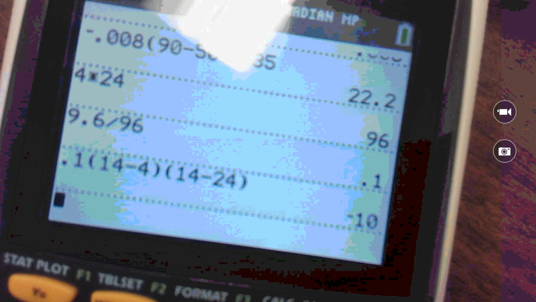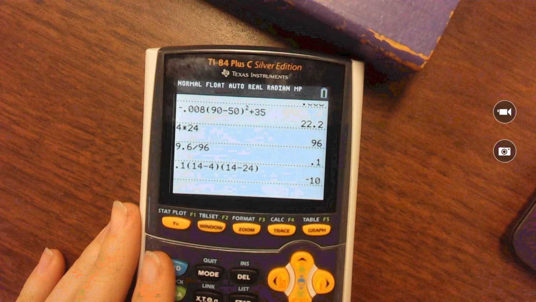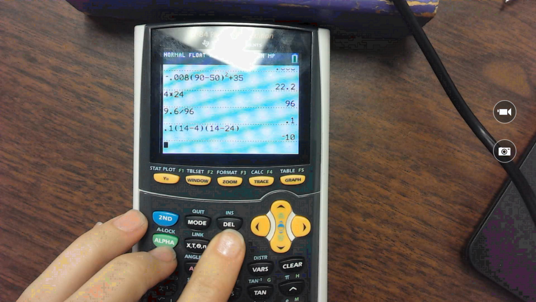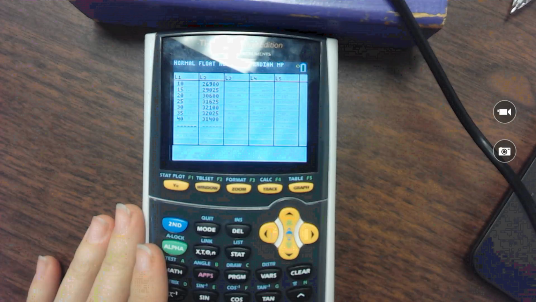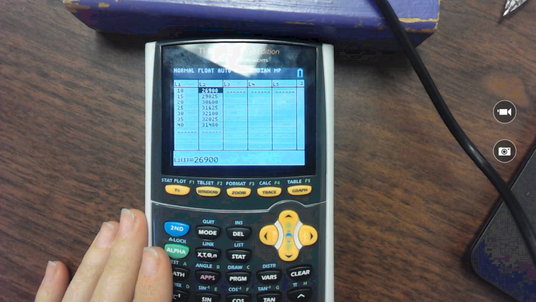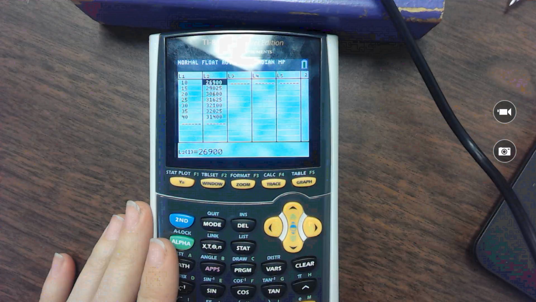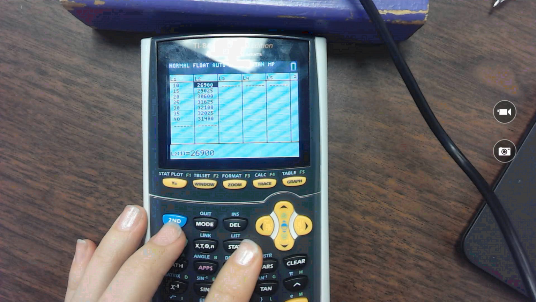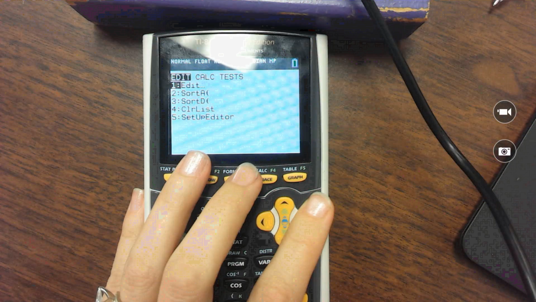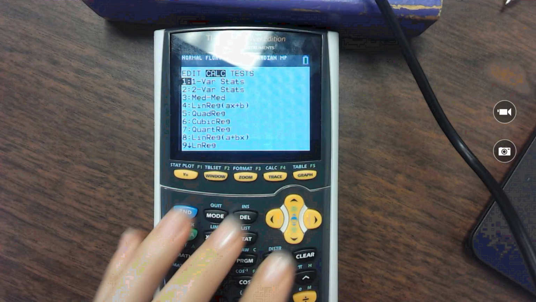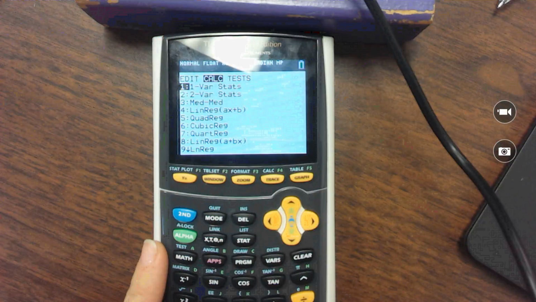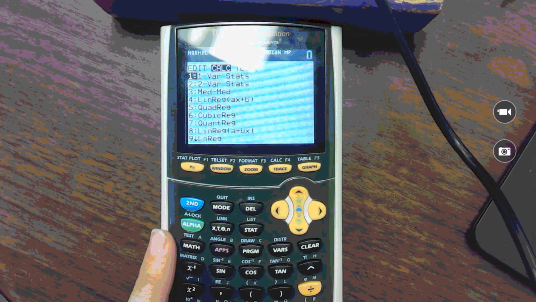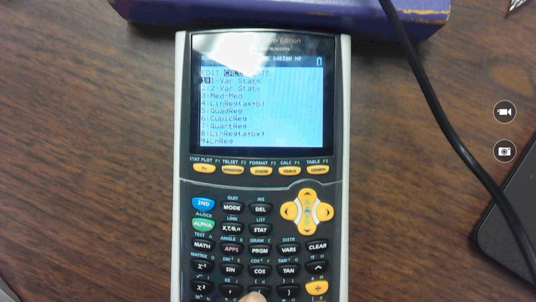Okay. What I did is I went ahead and went to Stat and to Edit, and I've already put that information in my stat. Now I turned my cheat sheet over and I went to Stat, over to Calc. Now you don't want number 4 for linear regression. What do you want? You want quadratic regression, right? Because we're doing quadratics. So that's number 5.